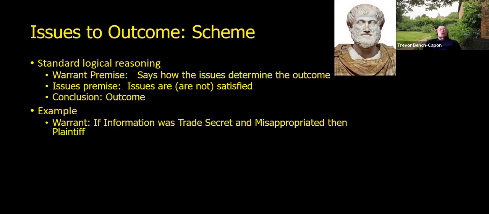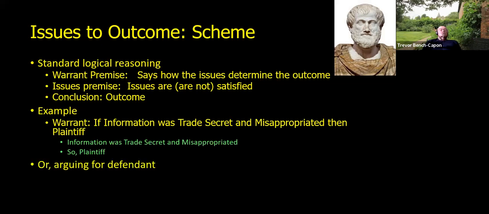So, for example, the warrant might be: if the information was a trade secret and misappropriated, find for the plaintiff. We can say that it was a trade secret, it was misappropriated, and so find for the plaintiff. Or, alternatively, if the information was not a trade secret, we can use modus ponens to say the defendant is not liable.